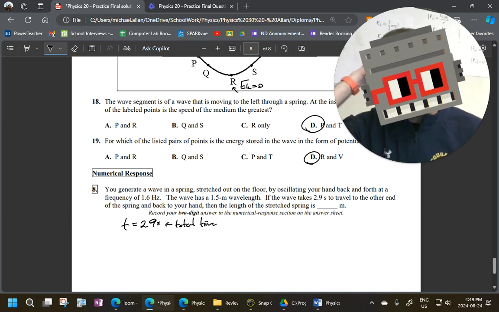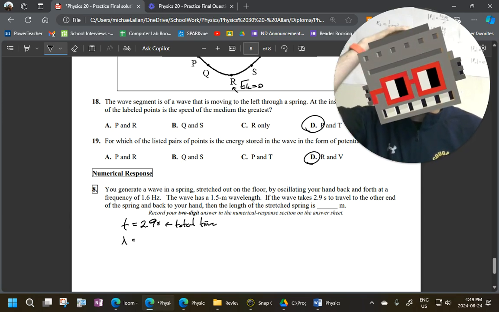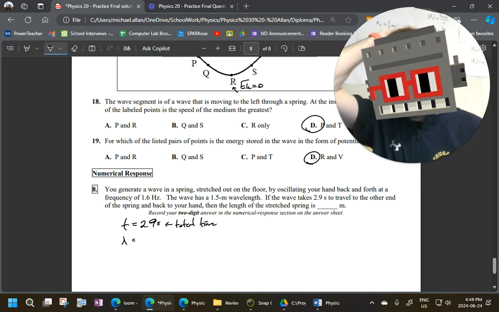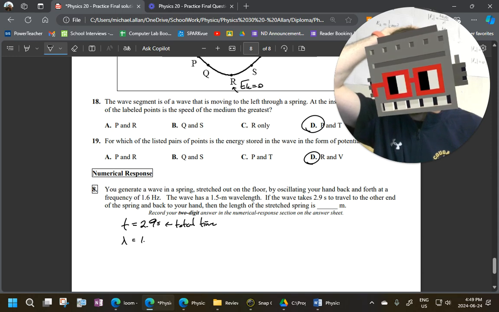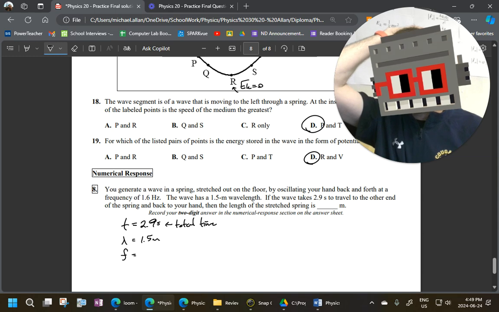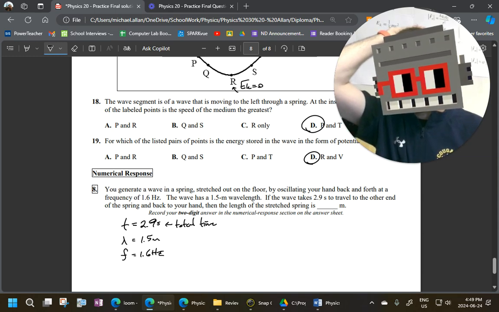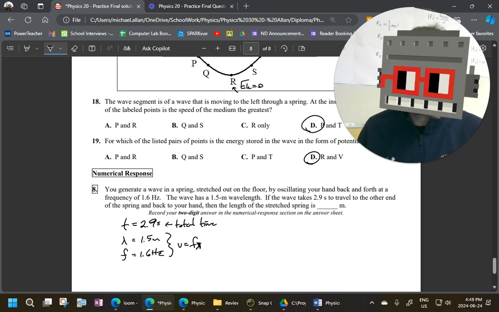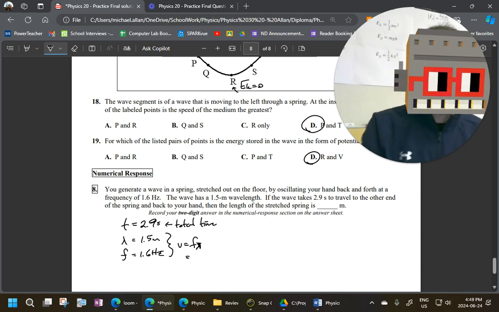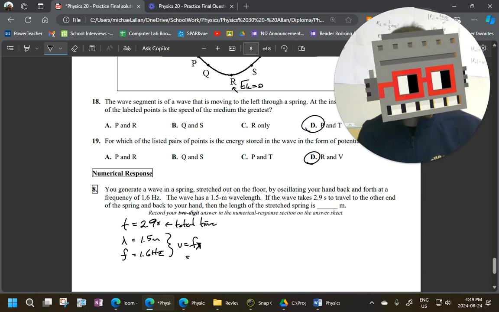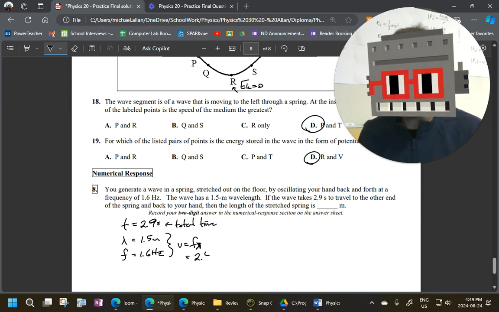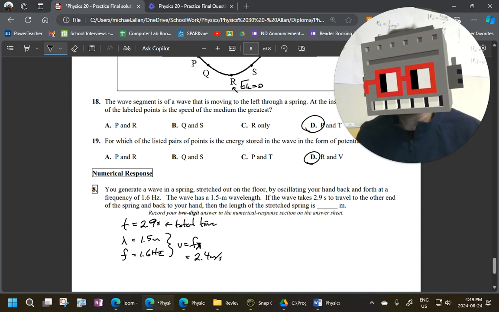It has a nice little wavelength here, or an L of 1.5, and a frequency of 1 point something hertz. So using these two pieces of information, and V is equal to F lambda, I could determine how fast this wave is going. I multiply them together and I get 2.4 meters per second.